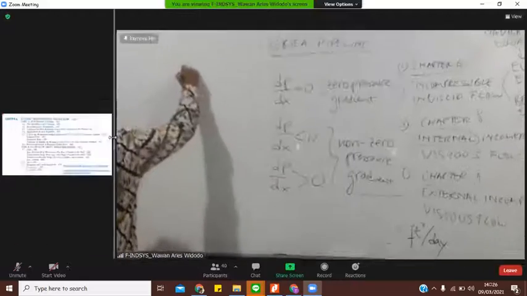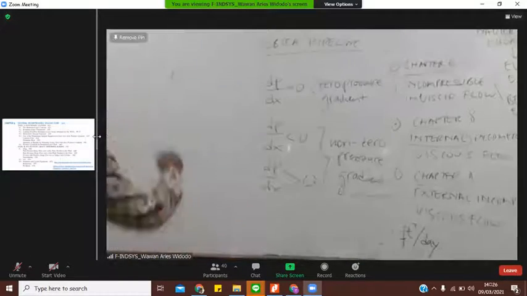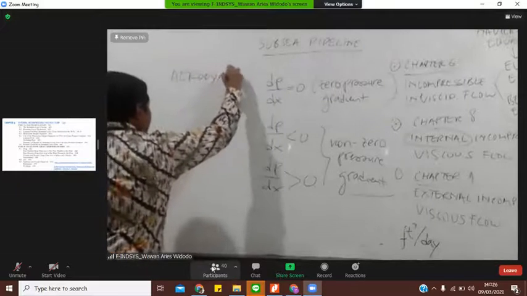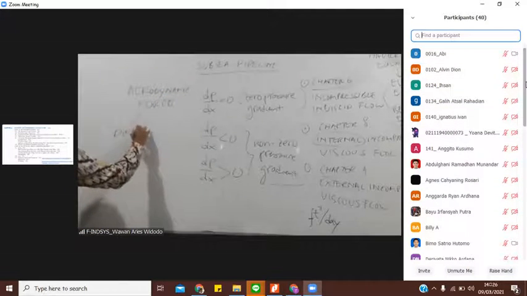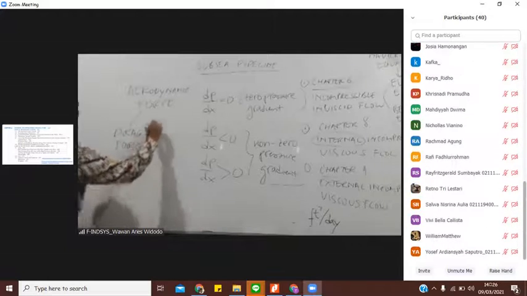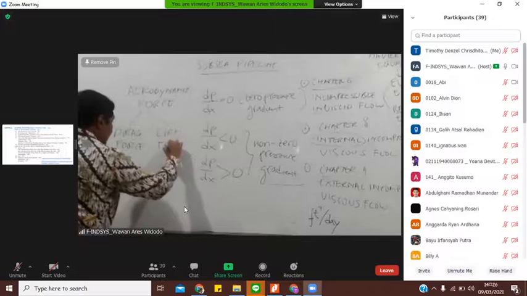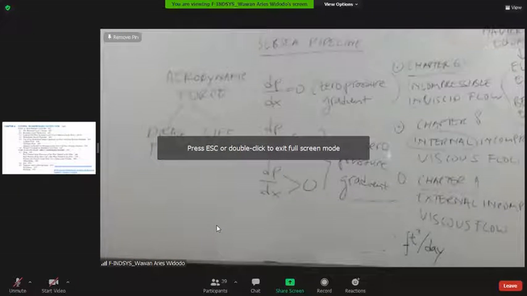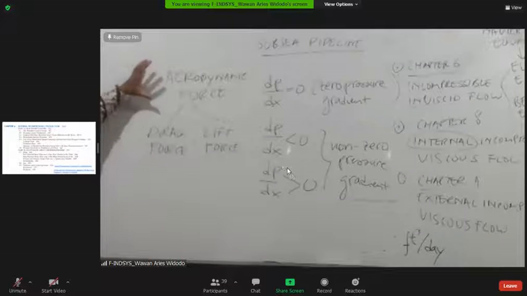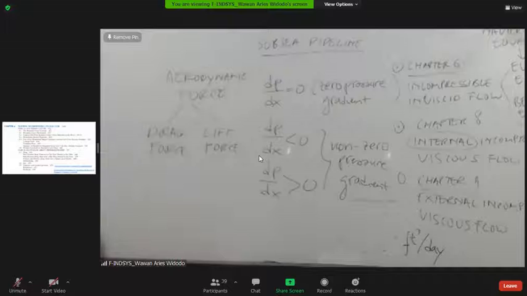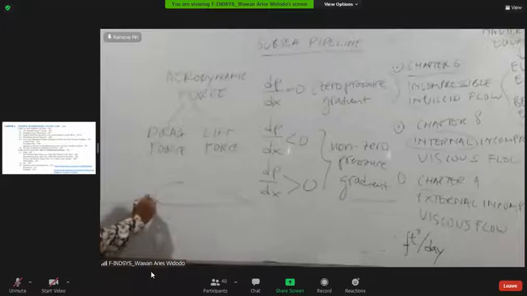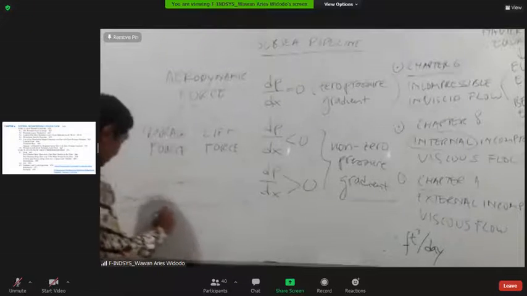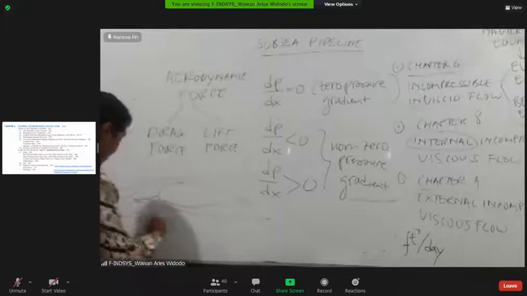These two forces come from the interaction between the flow and the body, something like an airfoil.